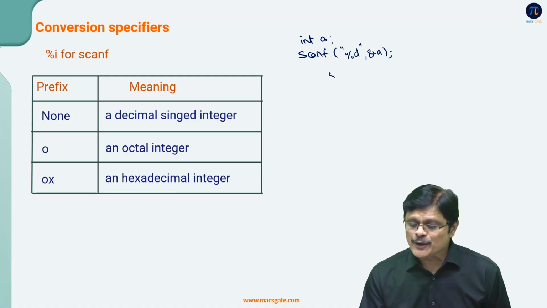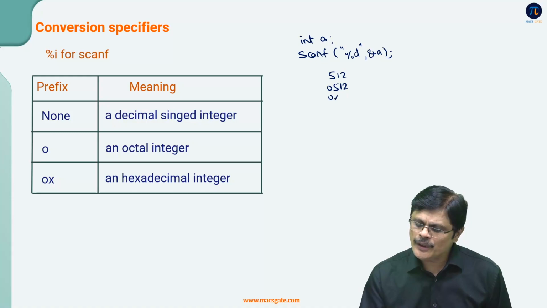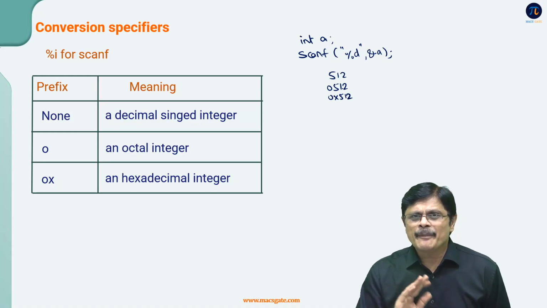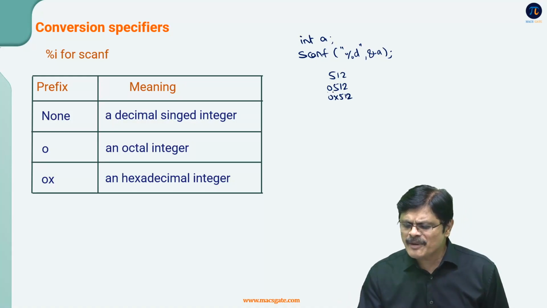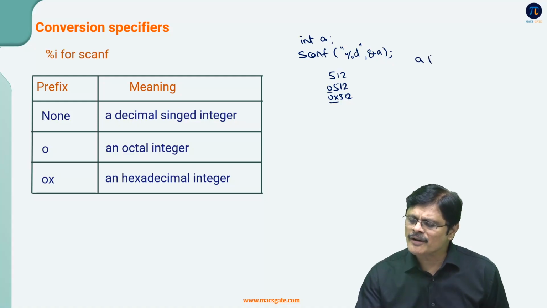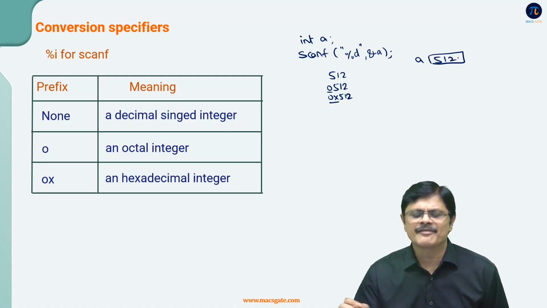If you input the value 512, or 0512, or 0x512, the %d will ignore these prefixes. It will always store the value 512, my dear friend.